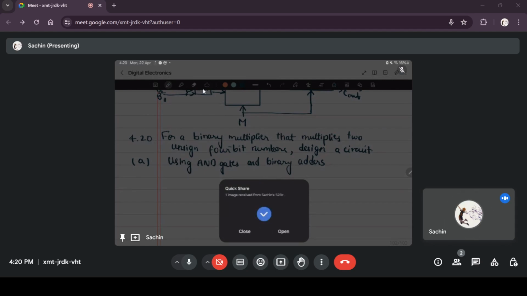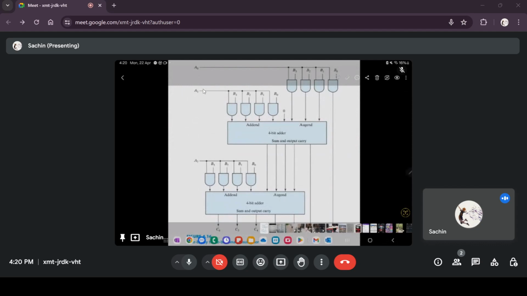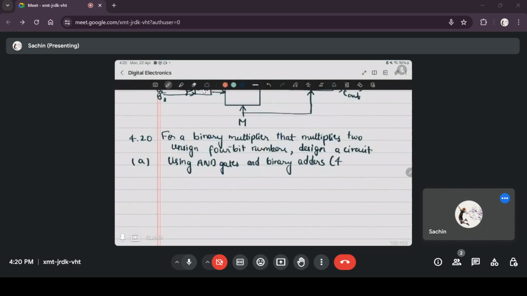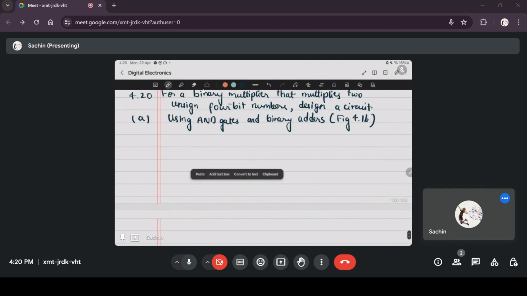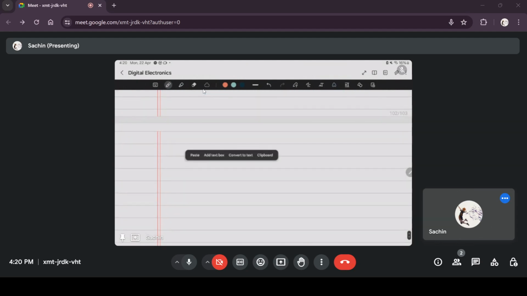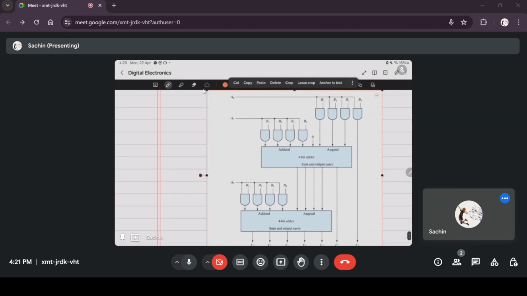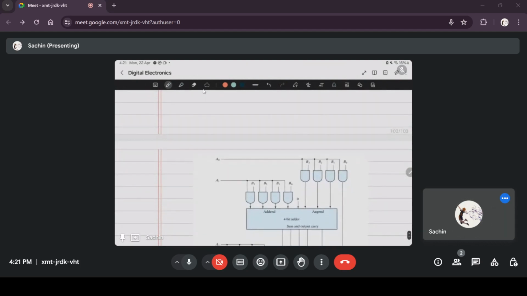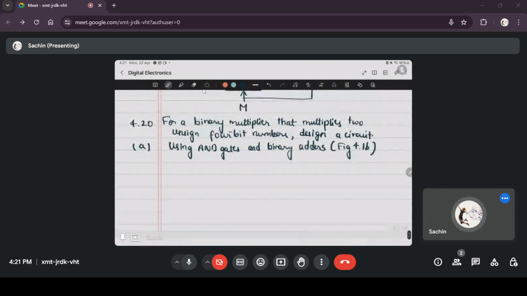So the binary adder that they're referring to is from figure 4.16, and this is figure 4.16.